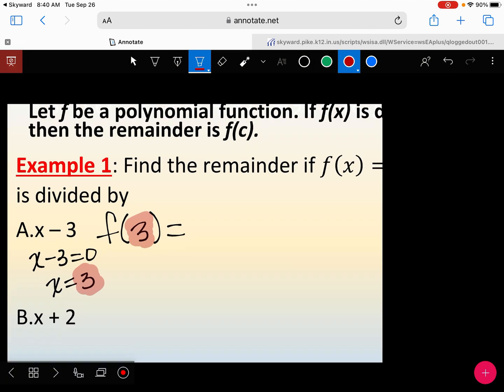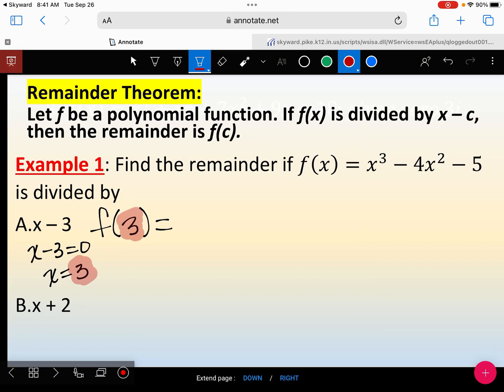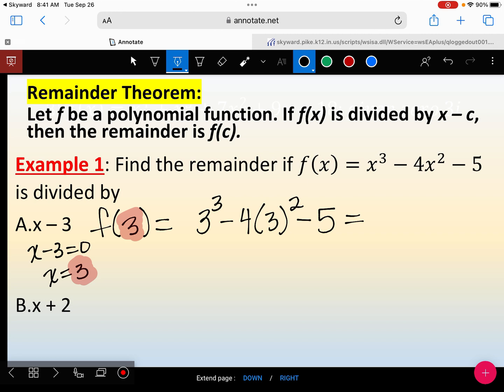What I want you to do with your calculator, so this is all calculator work, is type in 3 to the power of 3 minus 4 times 3 squared minus 5. We're just finding the remainder today, because that's pretty easy.